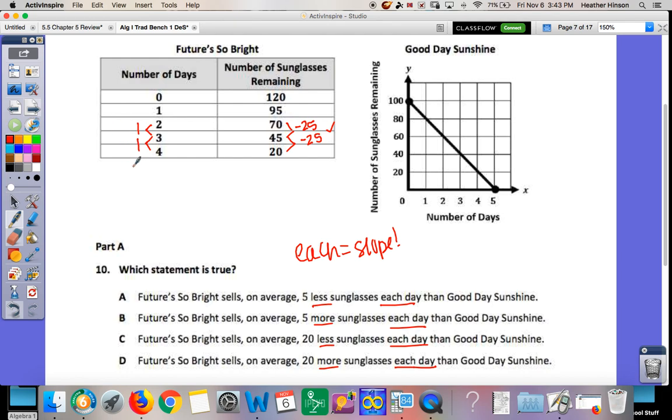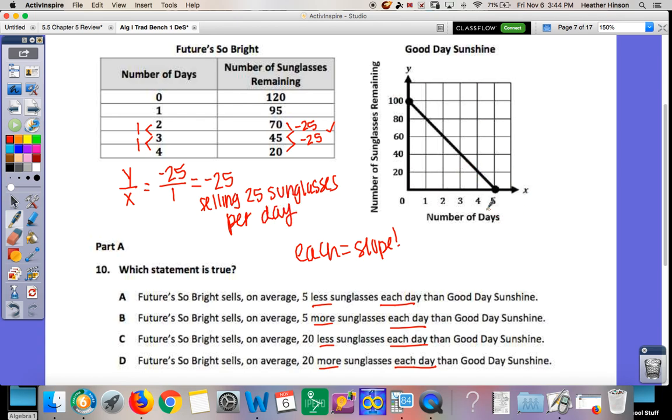We know we're right. Which one goes on top? Slope is always y over x. So it's going to be negative 25 over 1, which simplifies to negative 25. So this is the number of sunglasses remaining after some days. So because it's negative, they're selling 25 sunglasses per day.